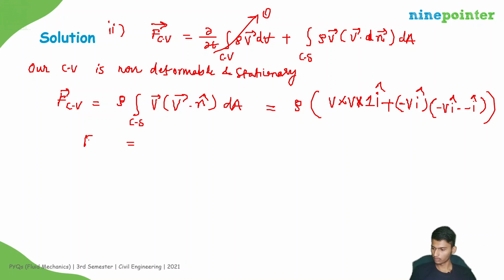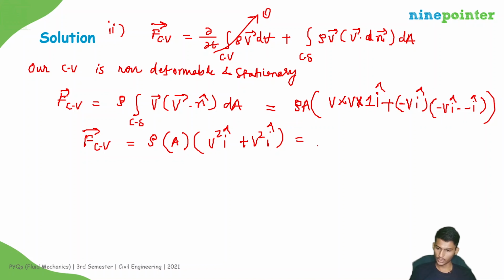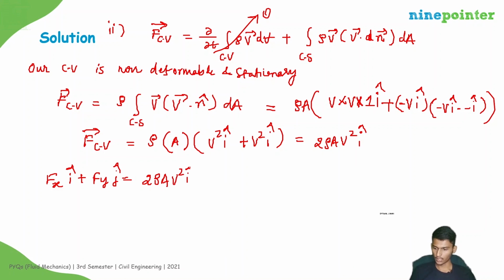So we get F bar on CV will be equal to rho into area will also be there, right? So A into V square I cap plus V square I cap. So we get 2 rho A V square I cap, right? So F bar will be Fx I cap plus Fy j cap, which is equal to 2 rho A V square I cap. So Fx will be equal to 2 rho A V square and Fy will be equal to 0.